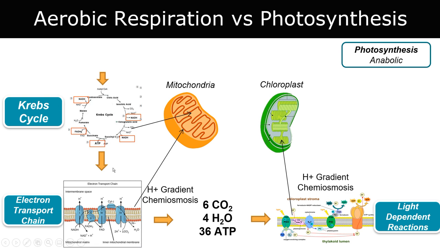I am using a proton gradient in both of them to allow chemiosmosis to occur, that both of them are producing large amounts of ATP, and that both of them are within a membrane in an inner compartment of their respective organelles, the inner membrane for the mitochondria and the thylakoid membrane for the chloroplast. And that both of them, again, are generating large amounts of ATP from that proton gradient. Okay.